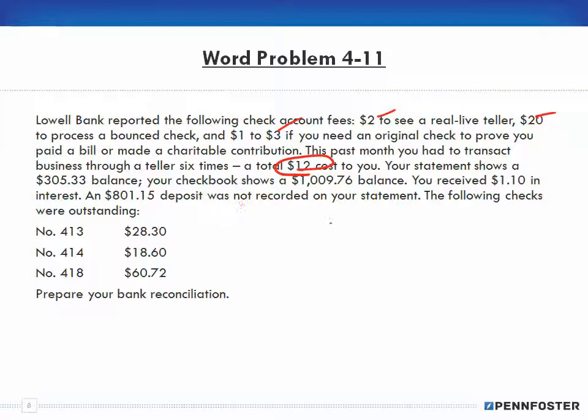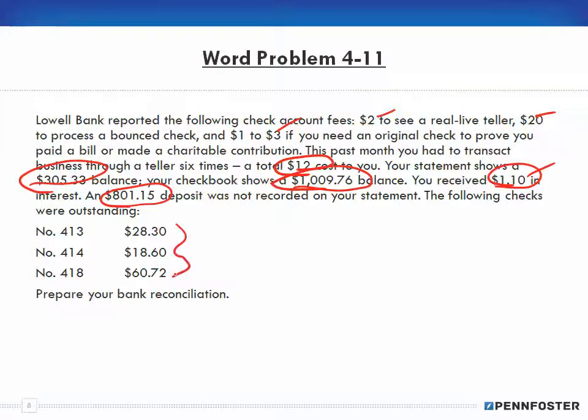So that's going to be on your bank statement. Your statement shows a balance of $305.33 and your checkbook shows a balance of $1,009.76. You received $1.10 in interest, so that'll be on your bank statement. And an $801.15 deposit was not recorded. All right, so that will be in your check register, but will not be on your bank statement.